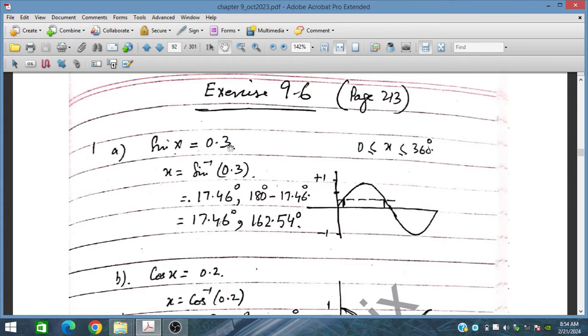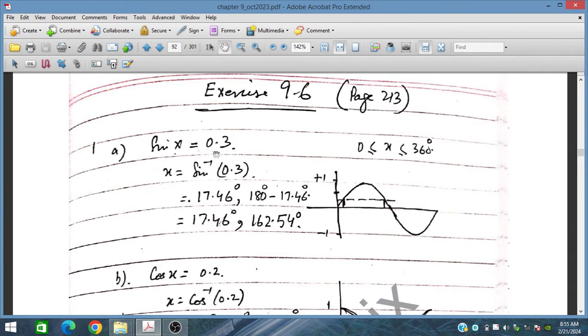Here we have sin x is equal to 0.3, and we know that sin is positive in the first quadrant and second quadrant. When we plot sin from 0 to 360 degrees, we see the plot like this.